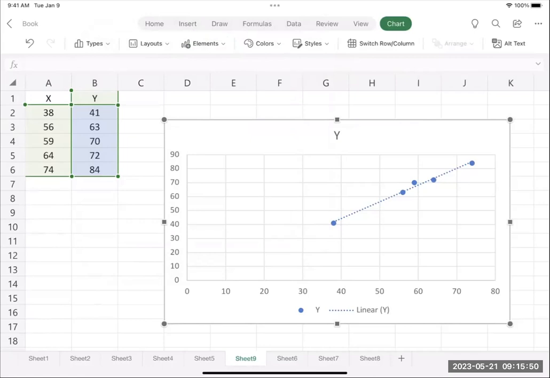Give me a minute. Excel on the computer or the iPad should have the same features. It's just a matter of finding where they are.